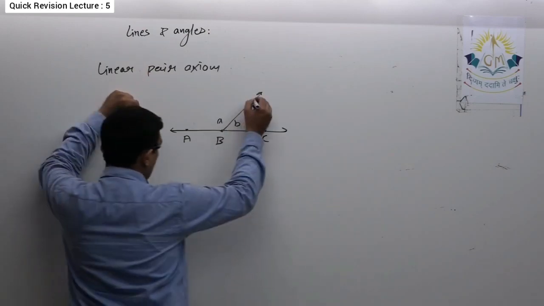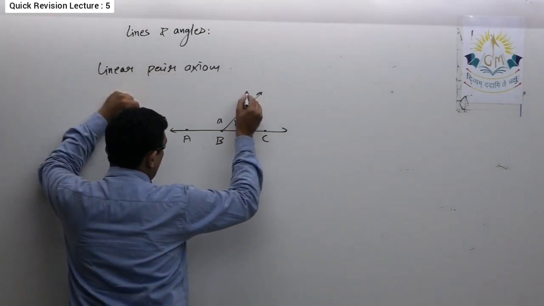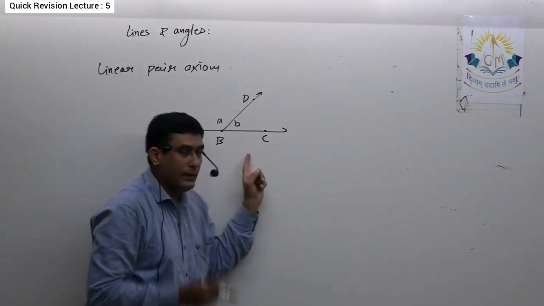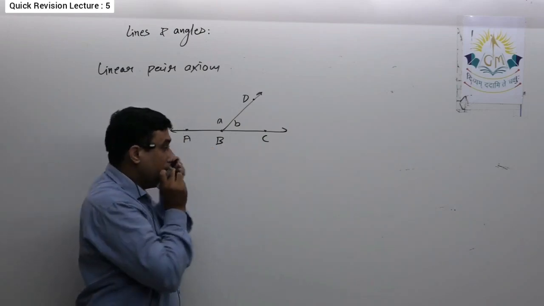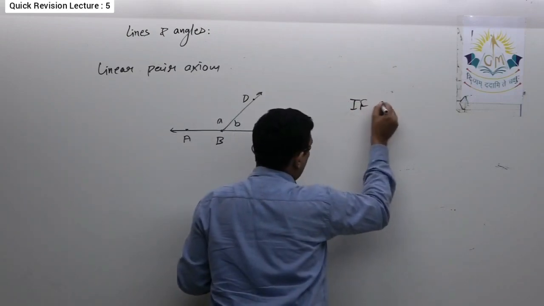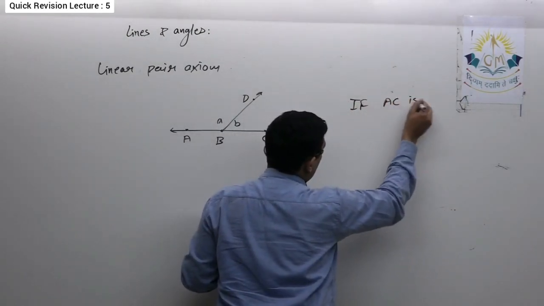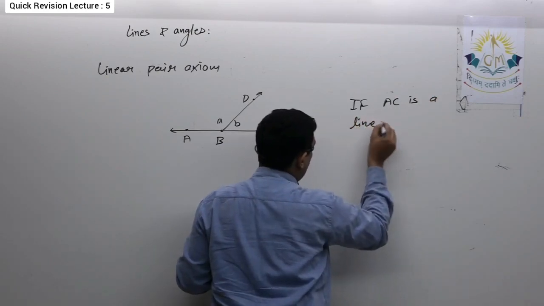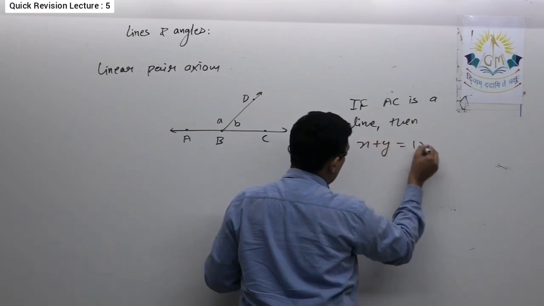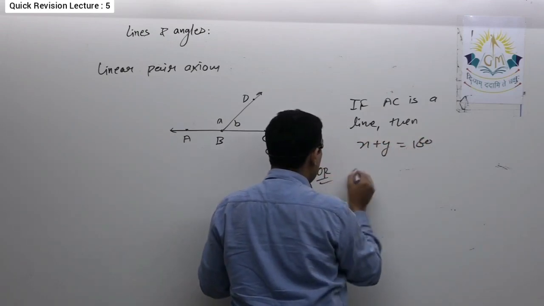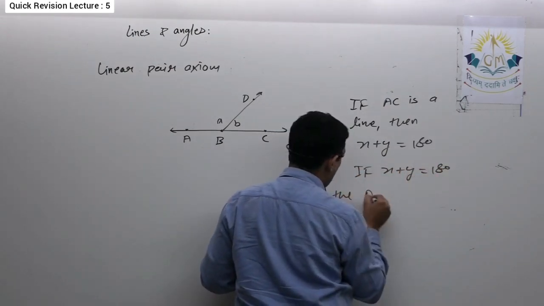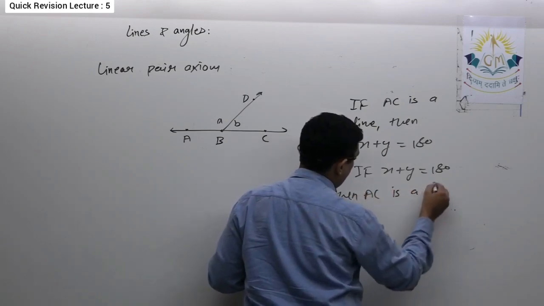It can be defined in such a way that if ABC is a line, then angle A plus angle B equals 180 degrees. If AC is a line, then x plus y equals 180 degrees. Or if x plus y equals 180 degrees, then AC is a line.